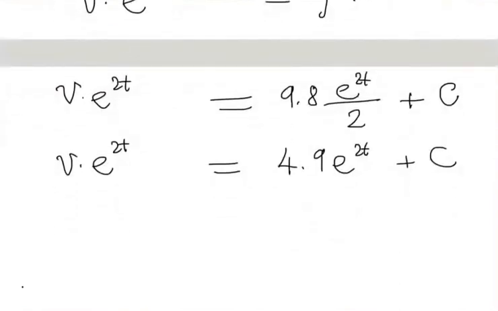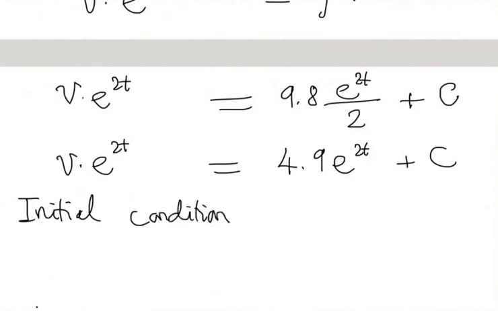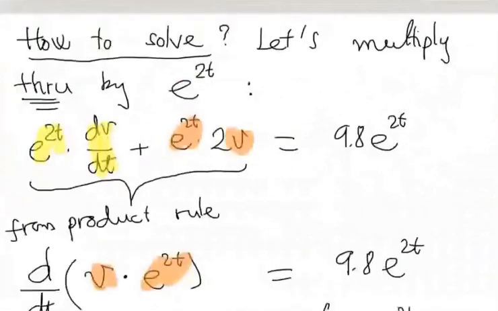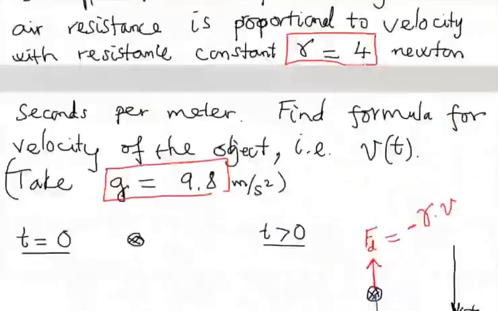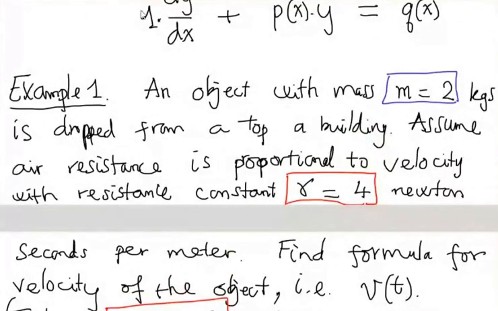Now, right here, let's look back if we have any initial condition. Do we have any initial condition? Let's look back at the problem. It says that an object with mass m equal to 2 is dropped from the top of a building.